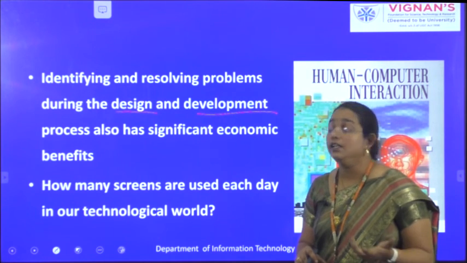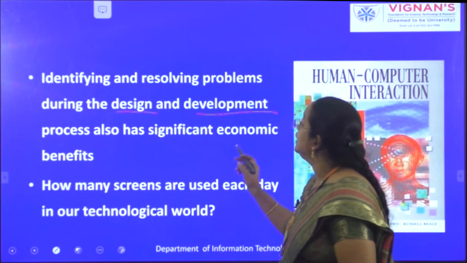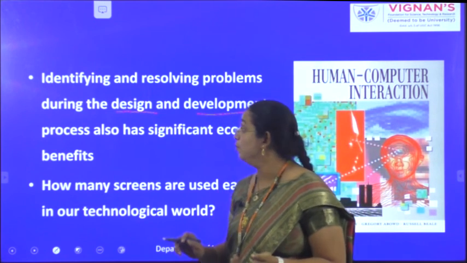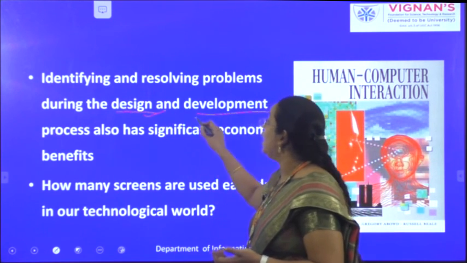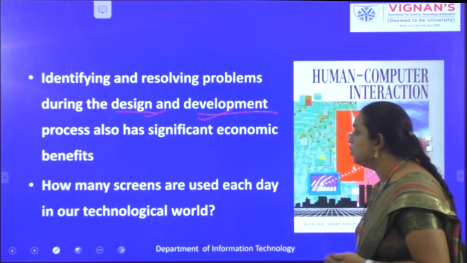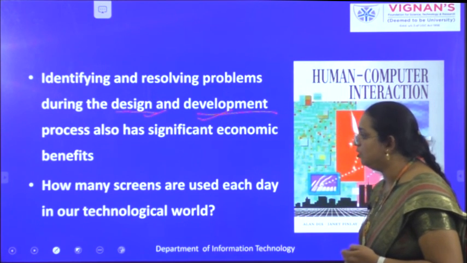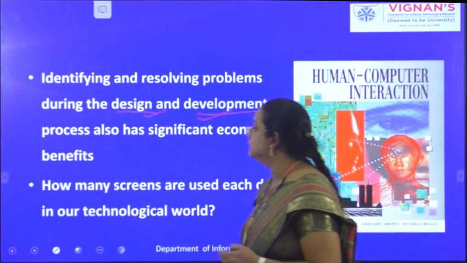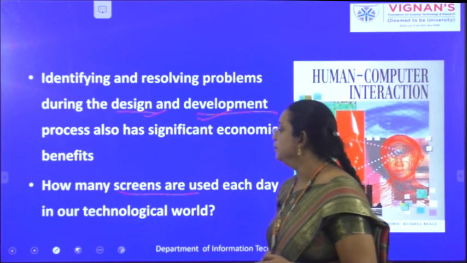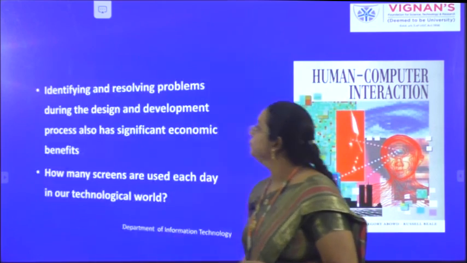So, before that itself, we have to identify and resolve the problems of design and development. Coming to the last one, how many screens are used each day in our technological world?